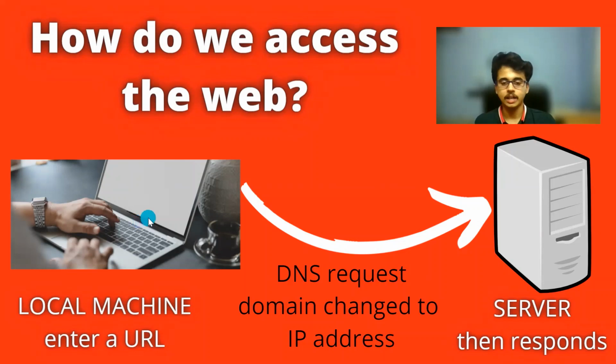Now when you type that URL, a DNS request, a domain name system request, will be sent. This URL is in human readable form, and that will be converted to something known as an IP address. That request will be sent to the server, and the server will respond to that request and then send that information.